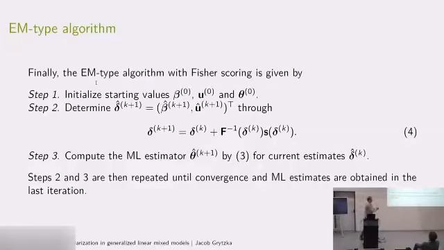And then we have to compute this theta for the covariance matrix, and then we repeat that until convergence.